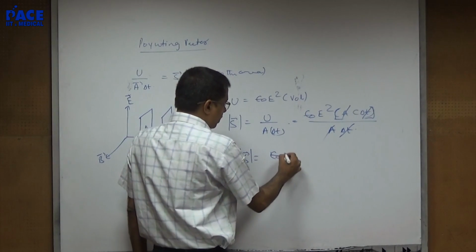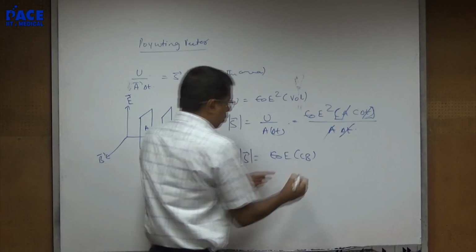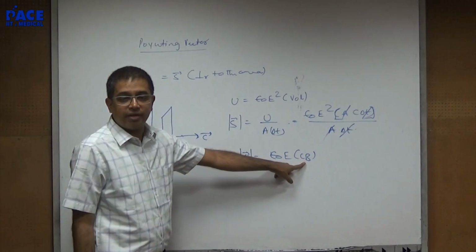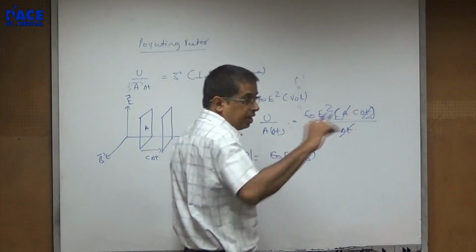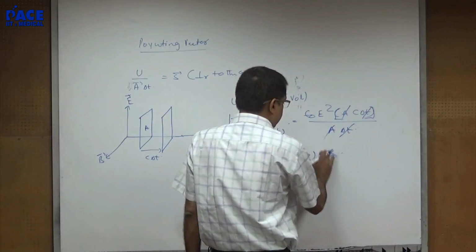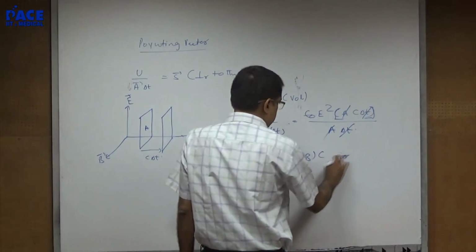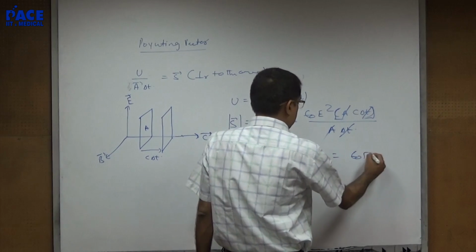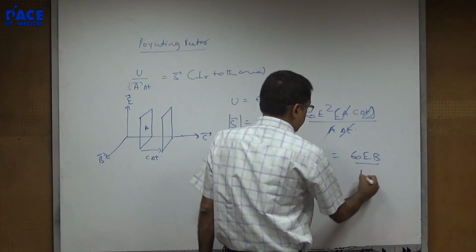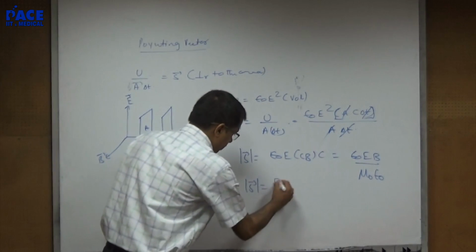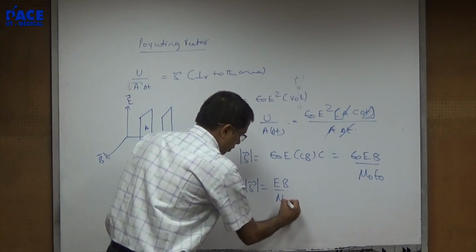The magnitude of the Poynting vector is: one electric field expression I will keep as it is, the other electric field expression will be CB from the electromagnetic wave. C into delta T has gone. This will be epsilon naught EB times C. C square is 1 by mu naught epsilon naught. The Poynting vector will turn out to be EB by mu naught.